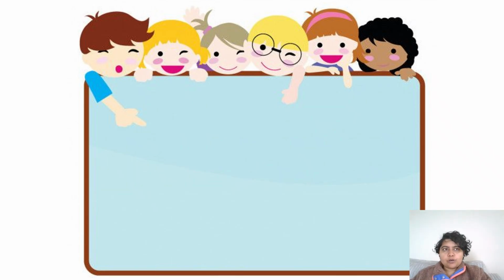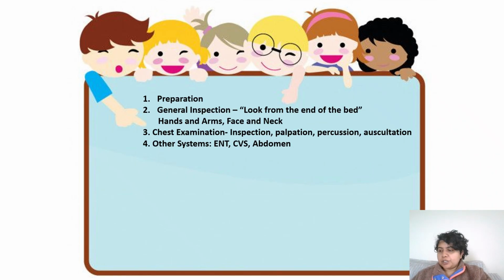Right, let's go for respiratory system examination for this child who is 5 years old. So the preparation would be putting your sleeves above your elbow, washing your hands, introducing yourself, asking the parents or the carers, whoever is in the room along with the child, to introduce themselves, and also asking the child to introduce themselves if they are verbal, and then looking at the child from head to toe.